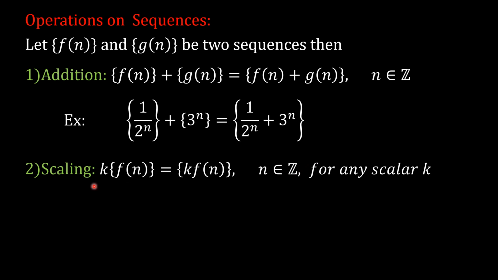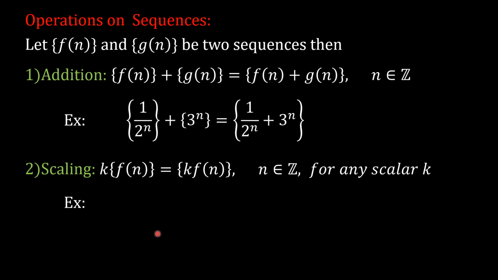Next is the scaling operation. To the given sequence f of n, if we multiply by any scalar k, then that sequence will be k into f of n, meaning we have to multiply each element of the sequence f of n by the scalar k.